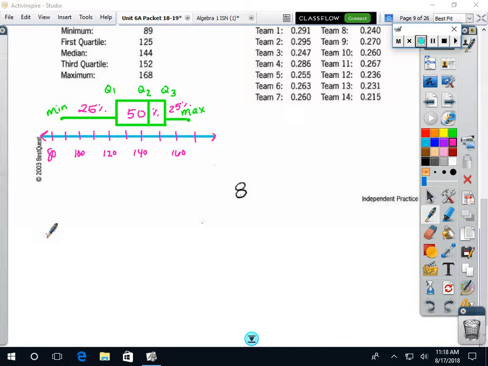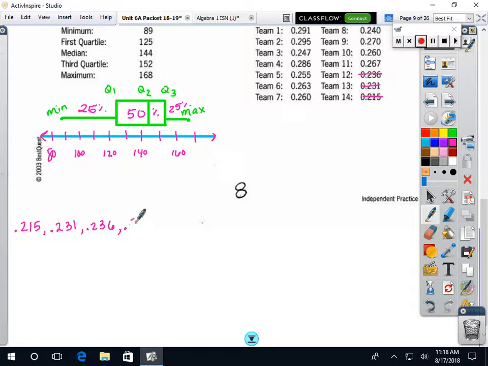The lowest value up there. Right, 0.215. And then as I write them down, I mark them out so that I don't go back and use it again. Then after that, okay, 0.231. 0.236. And then 0.240.